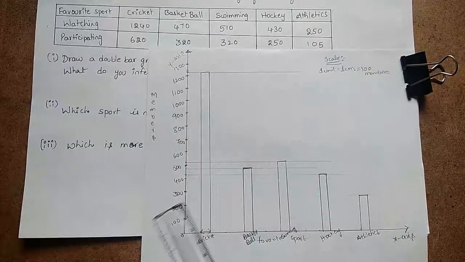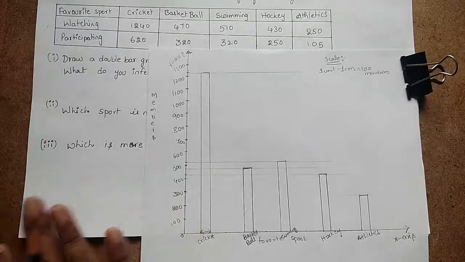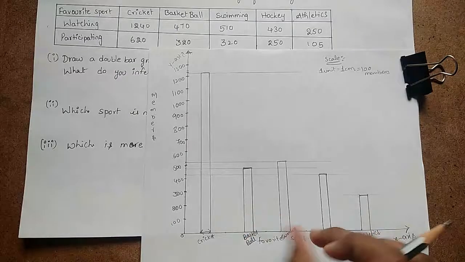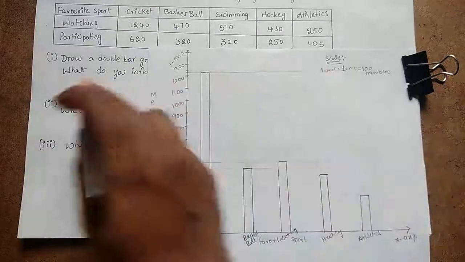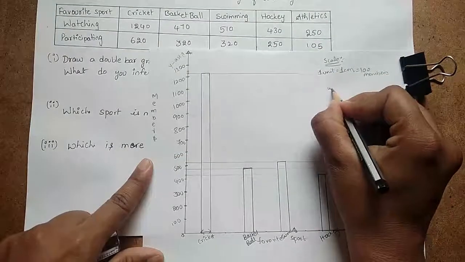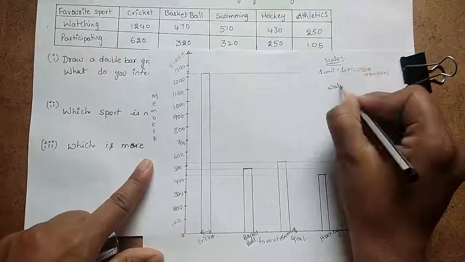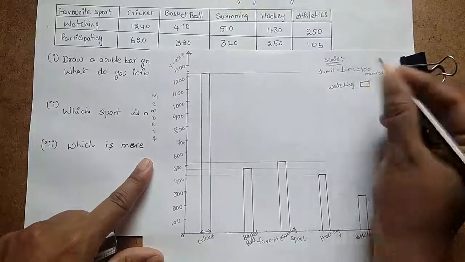Next coming to the participating. So here participating is different from our given bar graph. This is the plane. We are taking participating as checks. So I am writing here watching is in white shape.